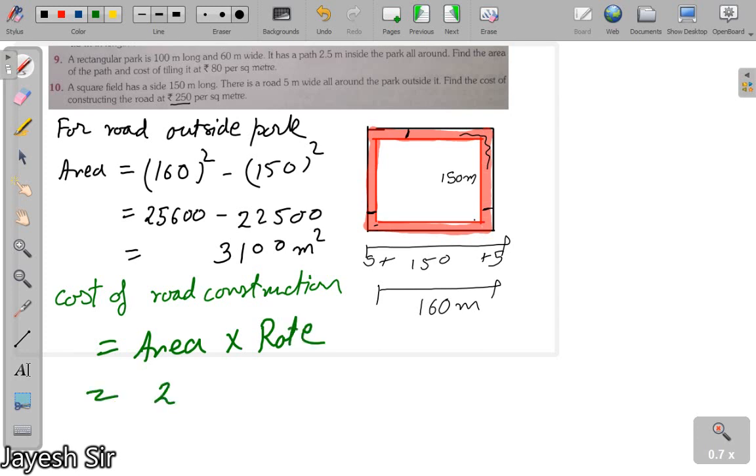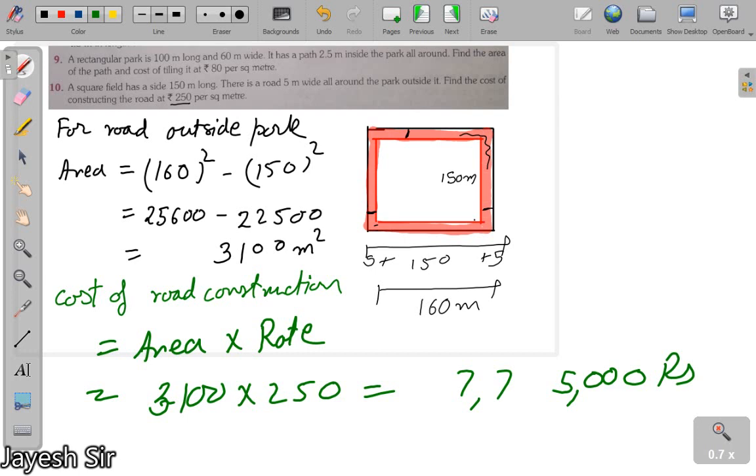Area is 3100 into rate is 250, so that will be 7,75,000 rupees. In the same manner, you can do question number 9 by yourself.